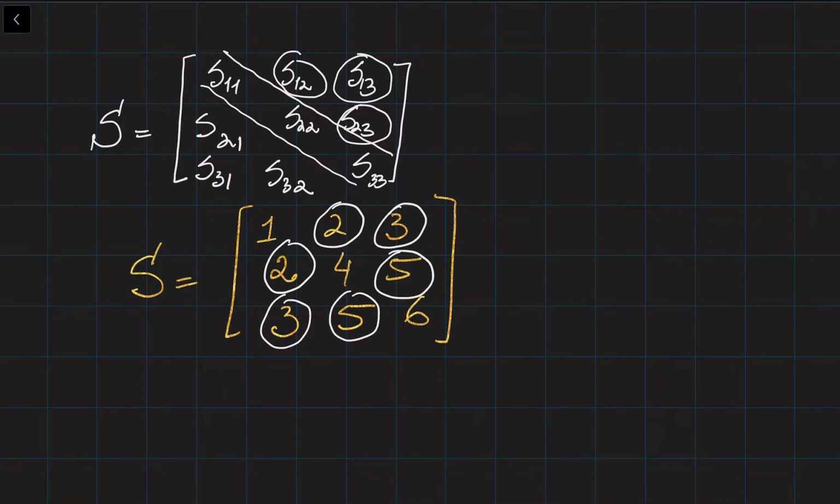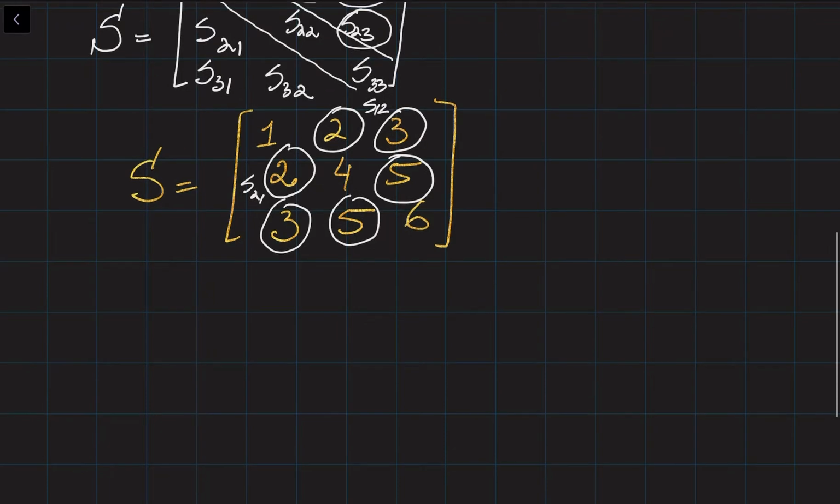So let's discuss how we can identify mathematically whether the matrix is symmetric or not. You see, this entry S1,2 is the same as the entry S2,1. So how can we get the entry S1,2 from S2,1? Obviously by transposing the matrix. So let's transpose this S matrix. Essentially, we copy the first row as the first column, it's going to be 1, 2, 3.